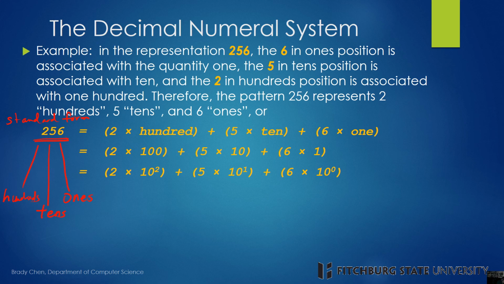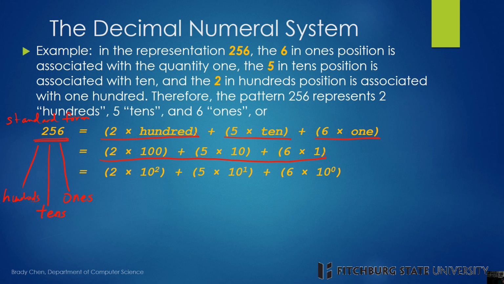So for 256, we can write 6 times 1, 5 times 10, as 5 is in tens position, and 2 times 100. Or we can write it in the digital form. So it's just 2 times 100 plus 5 times 10 and 6 times 1.